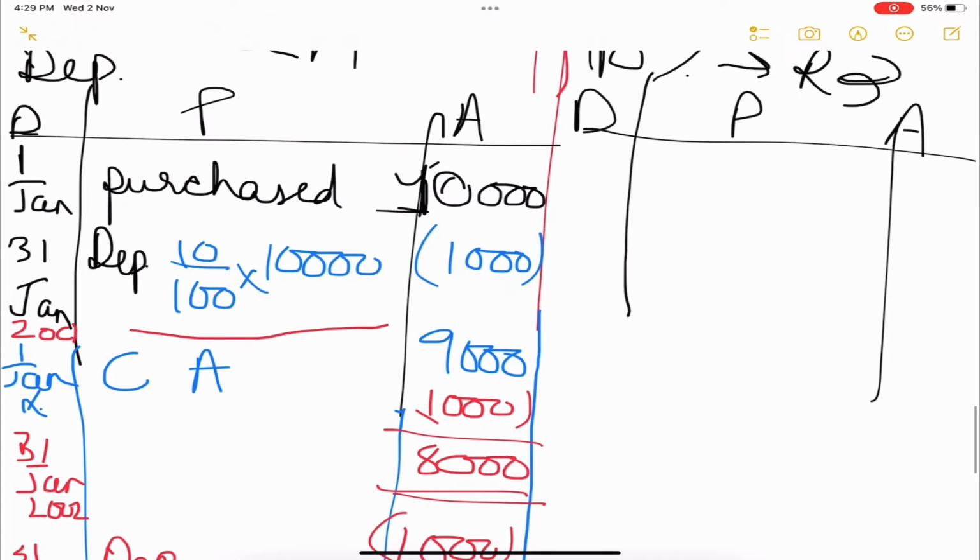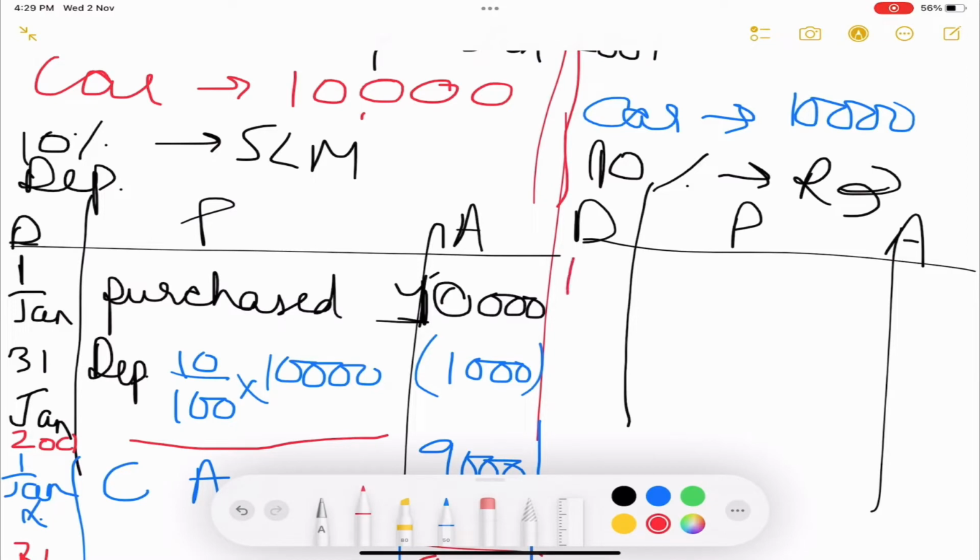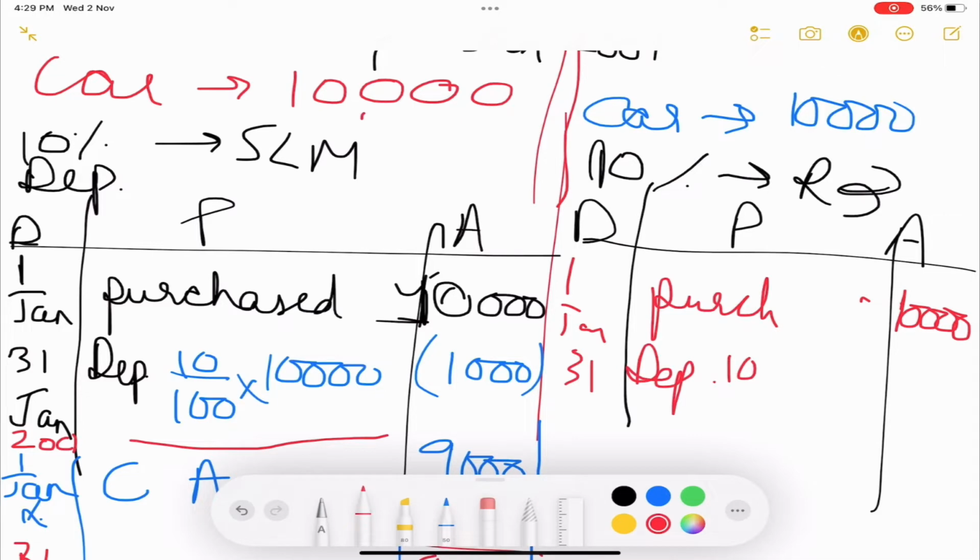So I hope you got it. The depreciation remains the same every time, on the cost of the asset, right? Now let us do the same question using the written down value method or the reducing balance method. So we have 1st Jan purchase 10,000, 31st December we have depreciation, which is 10% of 10,000 again. What would that be?